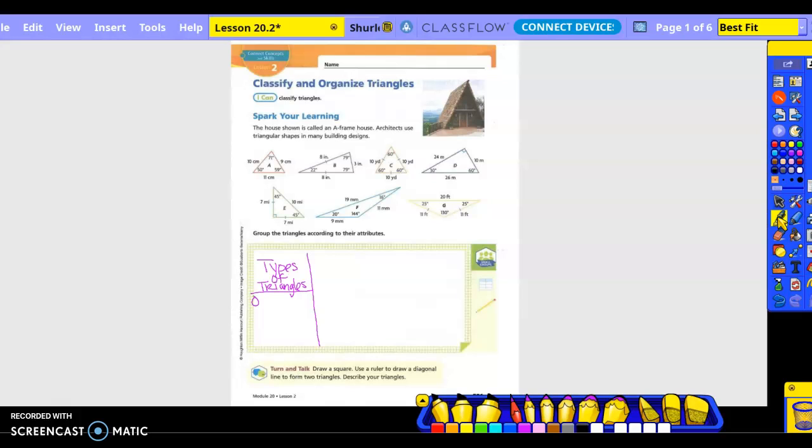And so we said obtuse, acute, and right. Then, no sides with equal lengths.